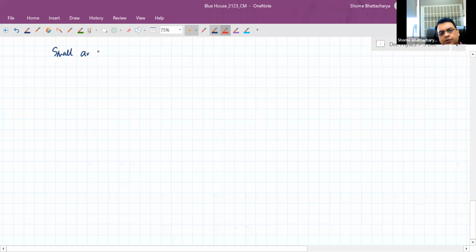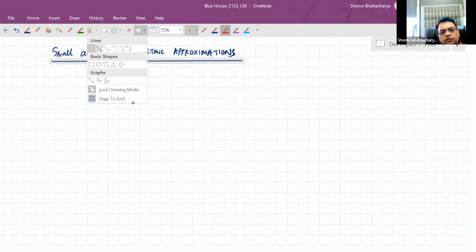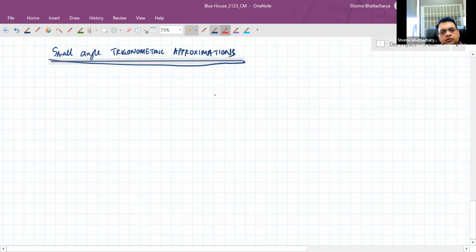Small angle trigonometric approximations. In general, we know that if you compare the definition of angle itself with respect to trigonometric operators applied on the angle, then basically in terms of geometry, we are trying to do something like this.